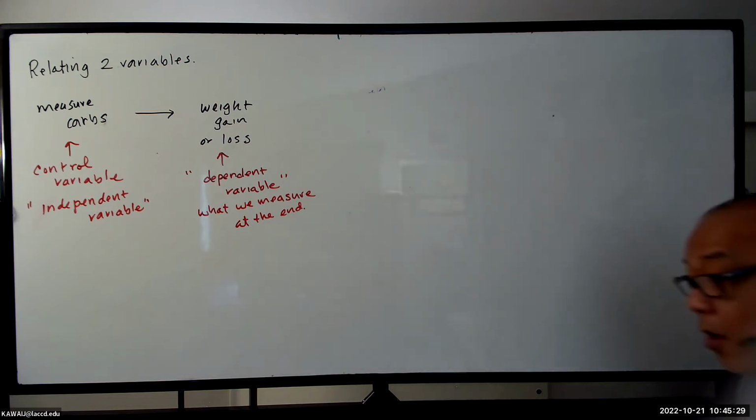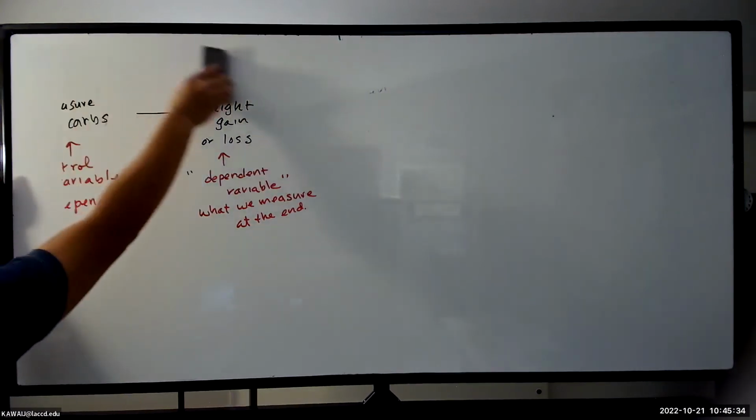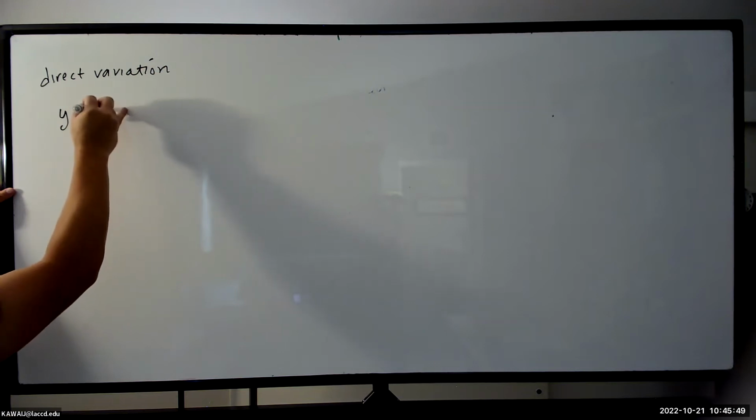Okay, so direct variation is in the form y is equal to kx.